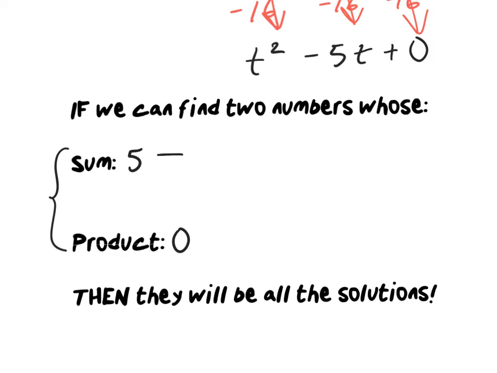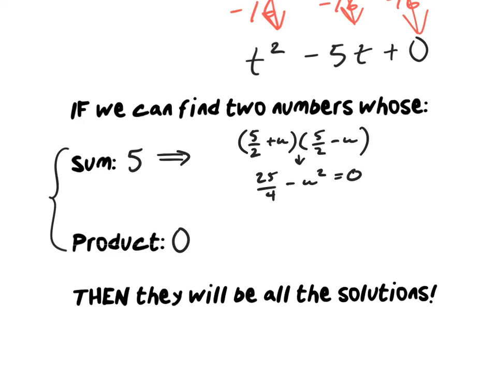And remember, two numbers will have an average of 5 over 2 if they both were 5 over 2. So I have 5 over 2 plus u times 5 over 2 minus u. Multiplying both fractions, I get 25 over 4. Multiplying both variables, I get minus u squared.